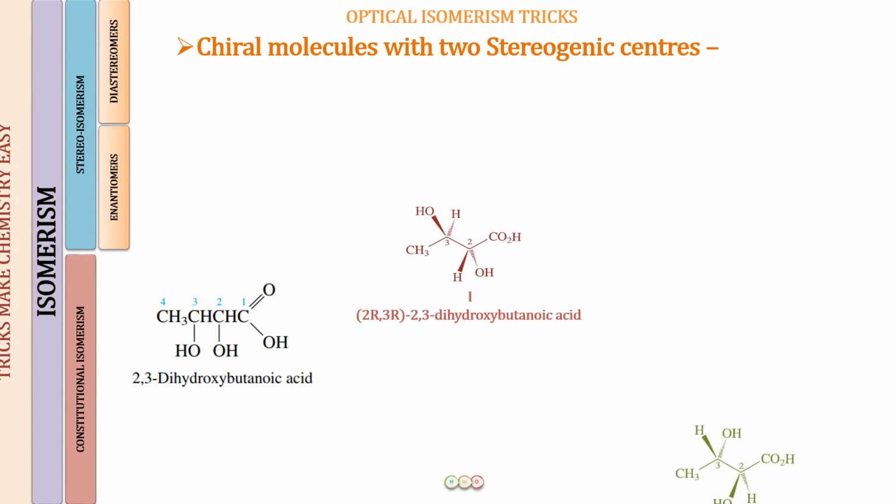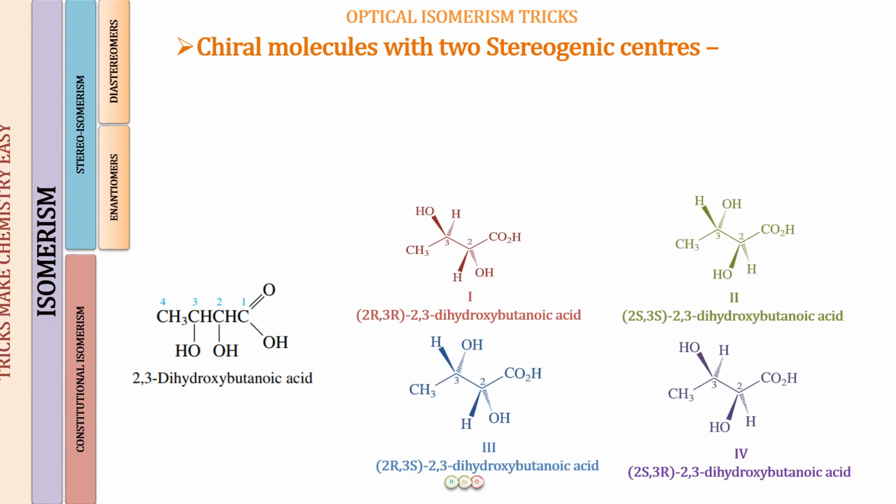This is going to be structure number 1, structure number 2, 3 and 4. And the RS configuration for these structures I have already written because that is going to be the trick that we are going to use to identify whether these compounds are going to be enantiomers, diastereomers or identical molecules. So here, because we have 2 chirality centers, yes, diastereomers also are going to be there.